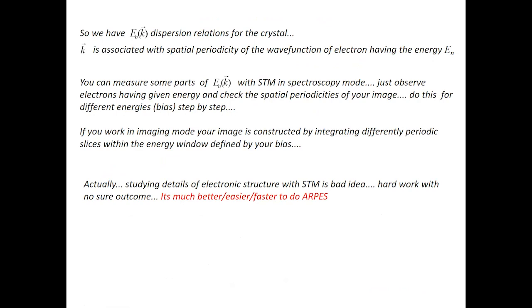Okay, so just concluding, we have dispersion relations for a crystal, and the K vector is associated with some special periodicity of the wave function of the electron having the energy En. You can measure some parts of this with STM in spectroscopy mode. You can just observe these electrons having given energy and check the periodicities of your image. If you can see the standing waves, you can check these periodicities, and you do this for different energies step by step.